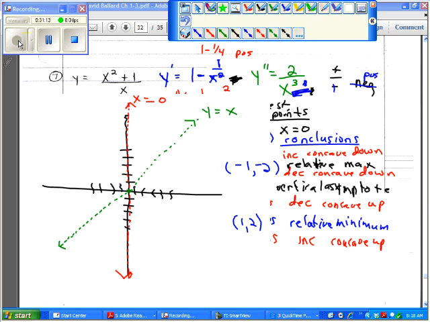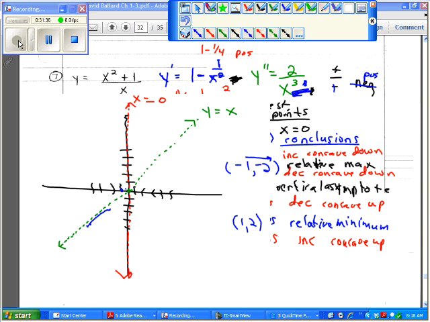Okay, and then we have our intervals. Our first interval was from negative infinity to where? Negative 1. And what was happening there? It was increasing and concave down, which means it's going to be hugging that asymptote and doing something like that, right?